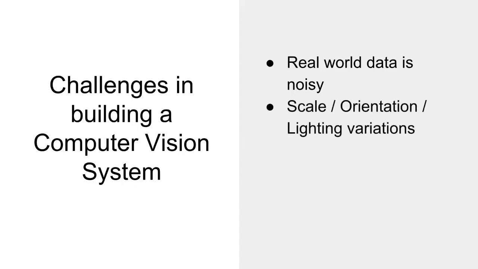And then you have this ongoing problem of the scale, orientation, and lighting variations. All the images that you saw over there, let's say if you want to do the tracking of the ball, just like we saw on the drone which was trying to track the ball, again, it might work for some lighting conditions and for some orientations, and it might not work for some others. If you put that drone in the evening, it might not work, and in real world applications you can't really have that.